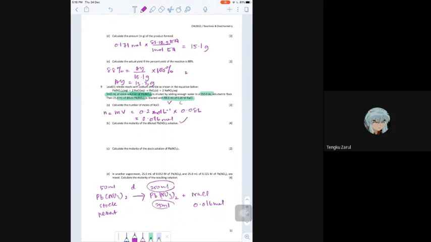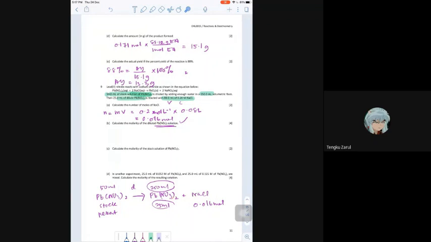So if you want to know the concentration of the PbNO32, we know the concentration from the process of a reaction. We want to know the concentration from the information we have in sodium chloride, and they are reacted. So we have to use the second equation, which is MAVA.